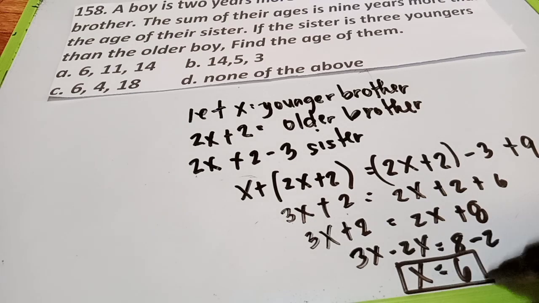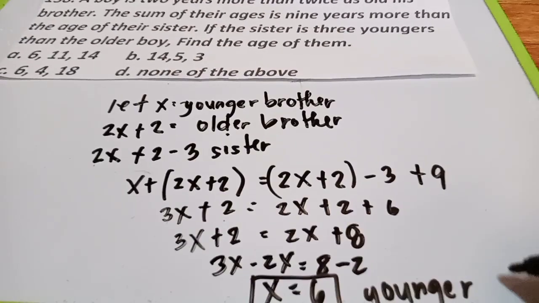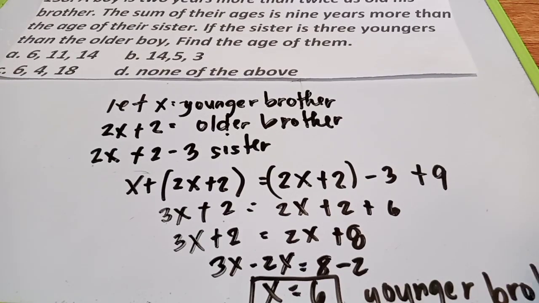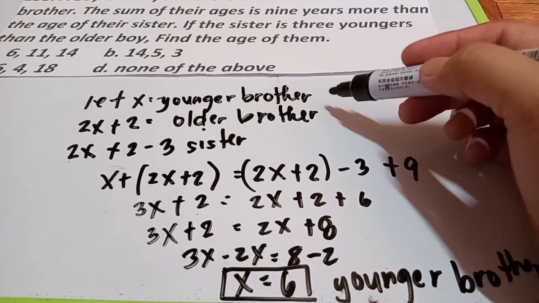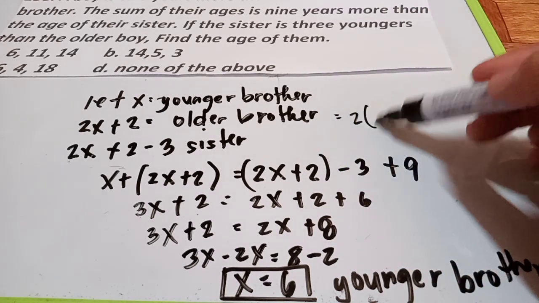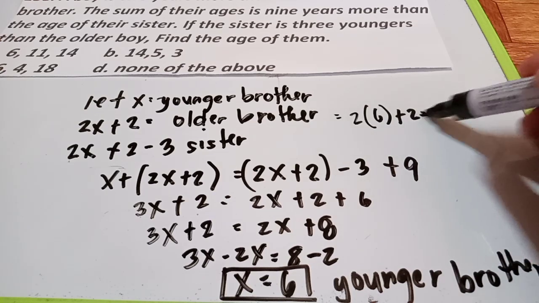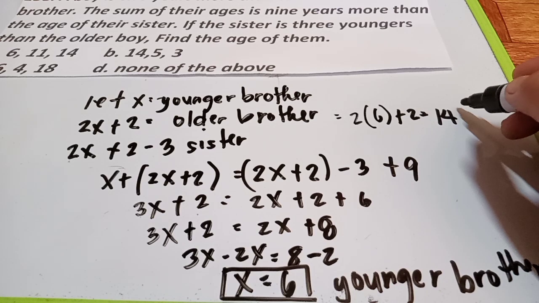So this will be the age of the younger brother. And then, what will be the other ages? So, let's substitute the value of 6. 2 times 6 plus 2. This will be the age of the older brother or older boy's age.